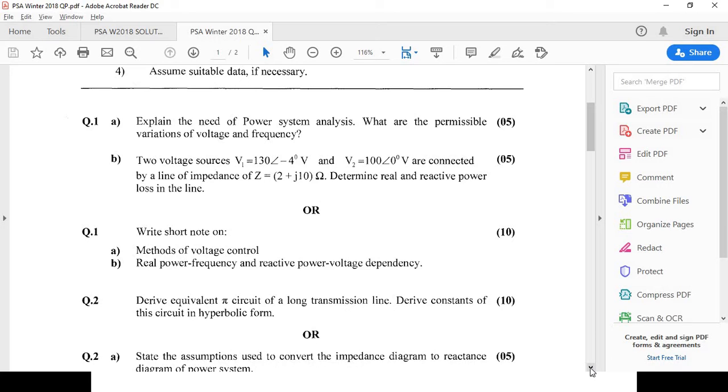That is, they have given the value of voltage source V1, voltage source V2 and line impedance Z. Determine the real and reactive power loss in the line. In this case, the question is about real and reactive power loss. First of all we need to calculate the total complex power loss, and then we have to segregate the real power loss and the reactive power loss. So we'll try to solve this numerical.